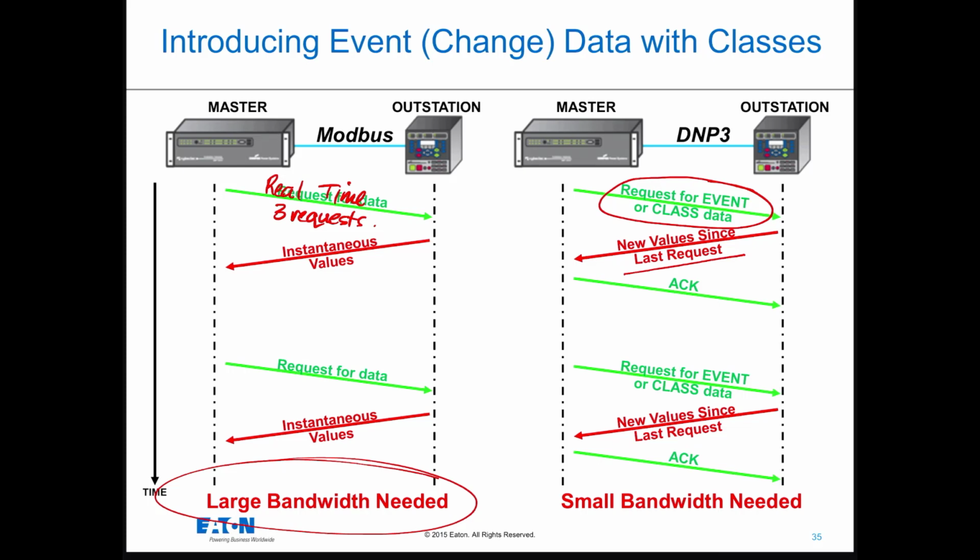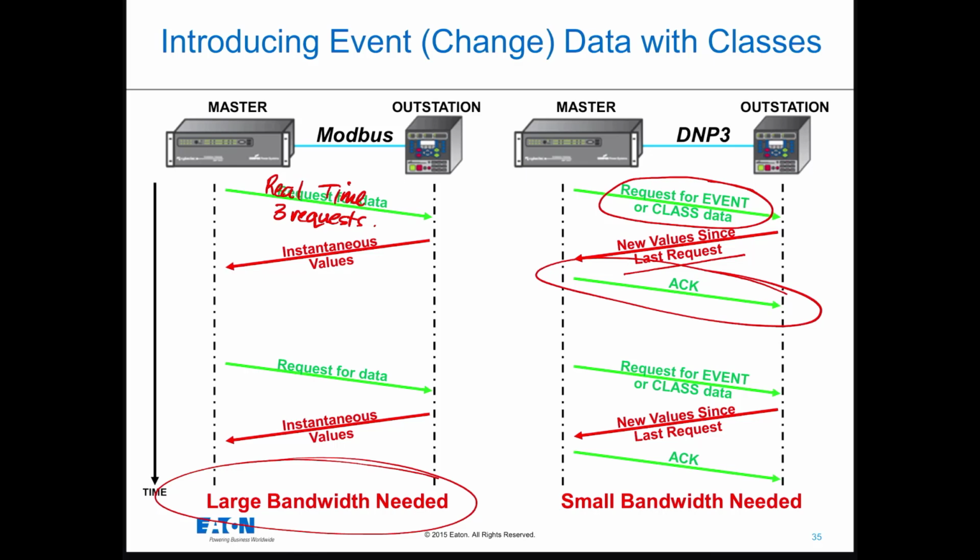Whether there's no changes or there have been some changes, the master just follows up with an acknowledgement at the end. And that's what you see here, an acknowledgement to say, okay, I've received your events, and now you can empty your event buffer and load it with new events when they occur, because my event database has now recorded whatever events have happened at that outstation.